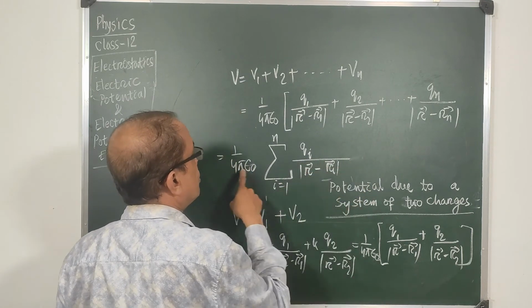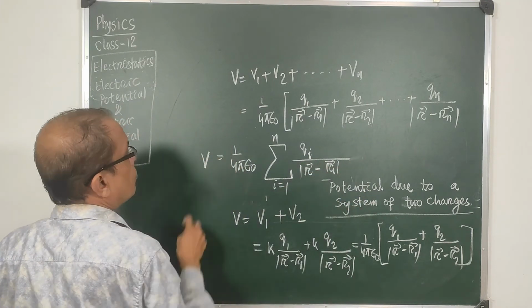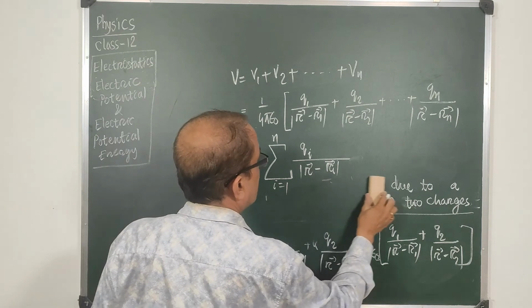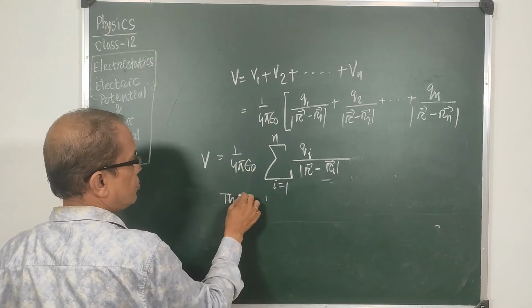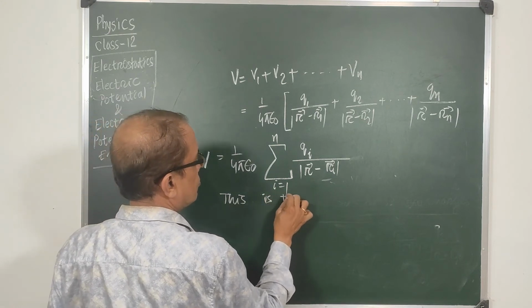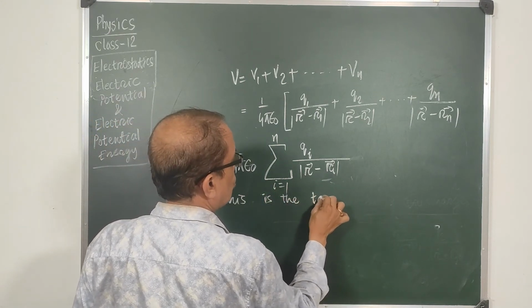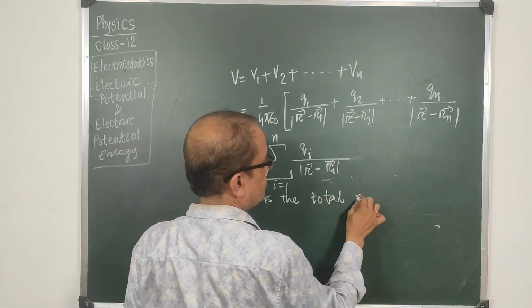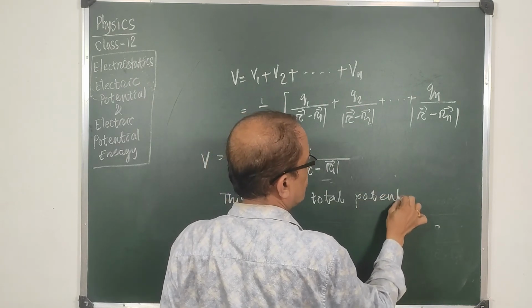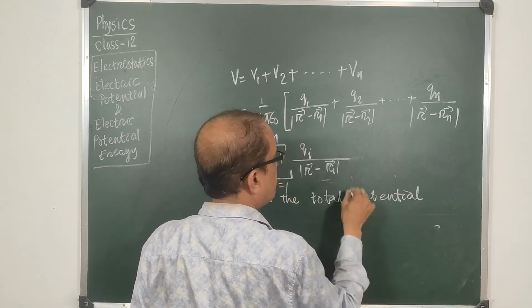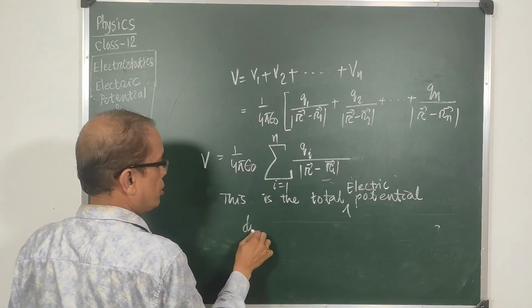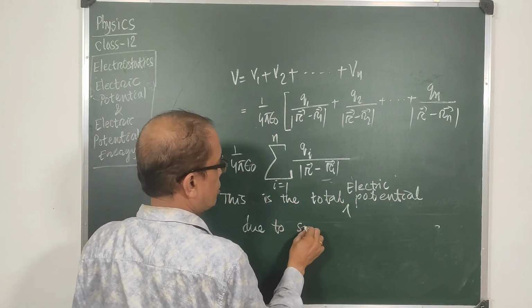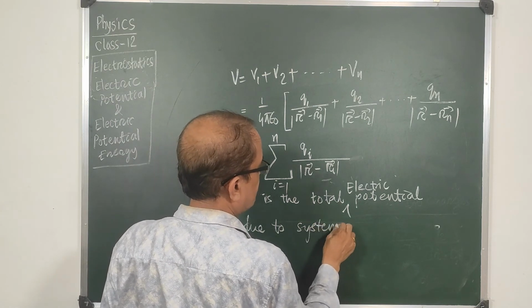So this is the expression for the total electric potential due to a system of n charges.